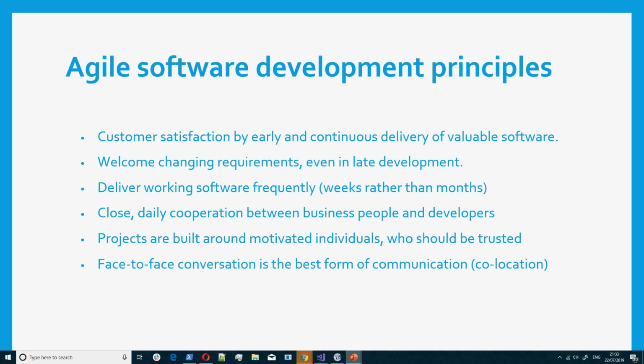And also, the system is built on motivated individuals. Everyone is motivated. Like I said in the first instance, it is also self-organizing. So there are no managers in Agile. Because of that, everyone has to be trustworthy to be able to deliver on what they are doing.